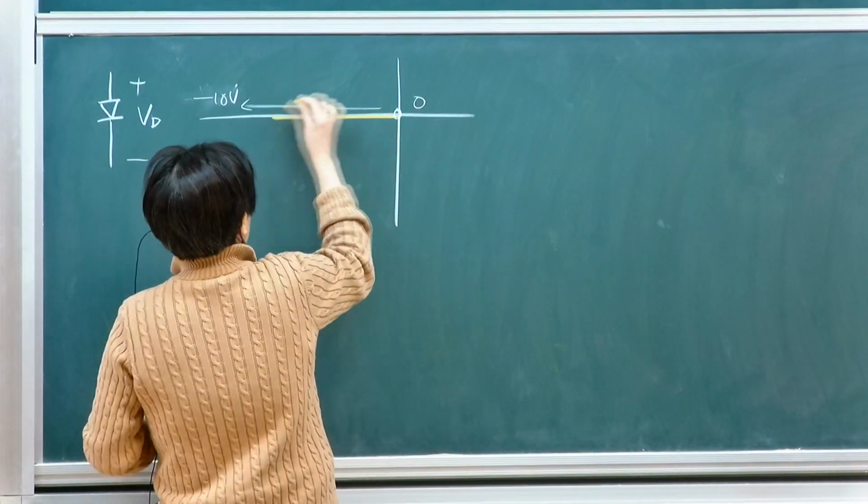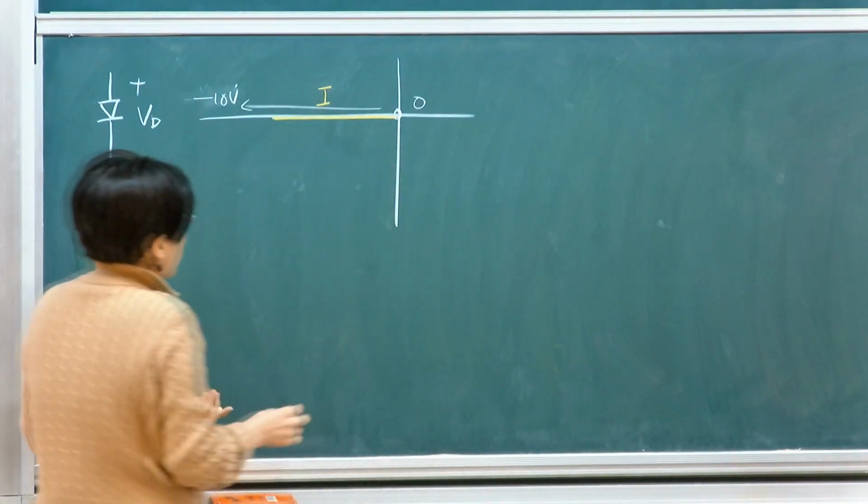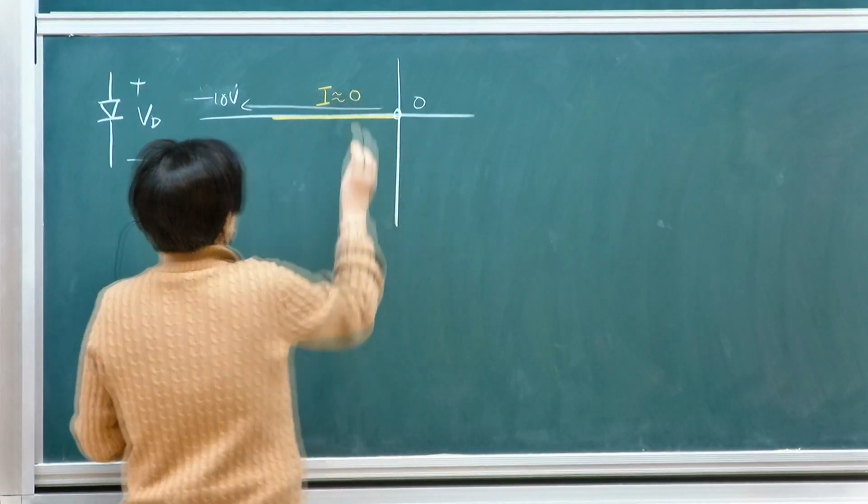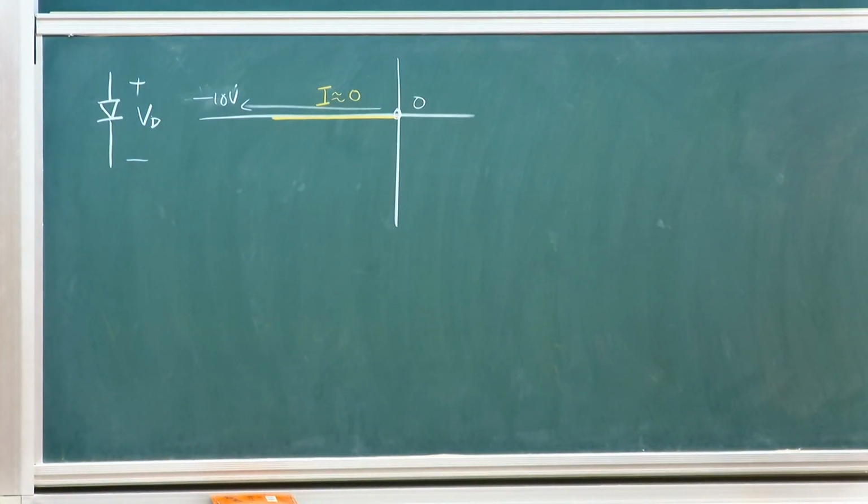I is essentially 0. There will be a very, very small leakage current, which we're going to talk about a little bit, but it will be essentially 0 when you operate in the reverse bias region.